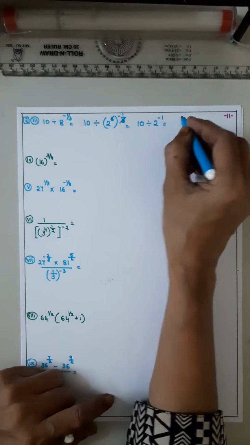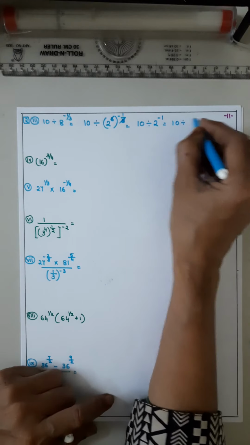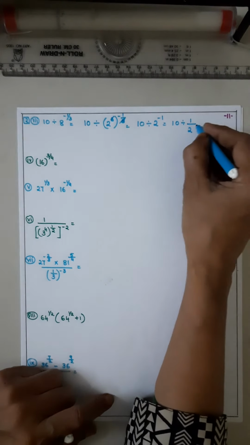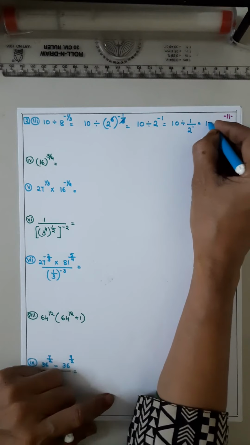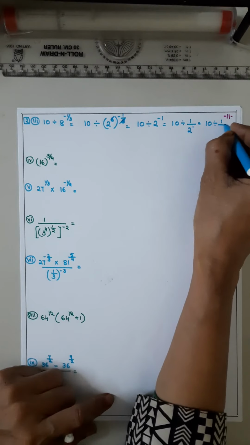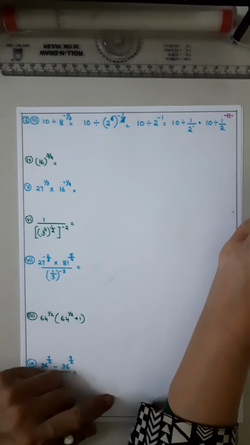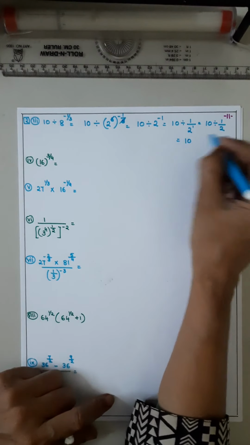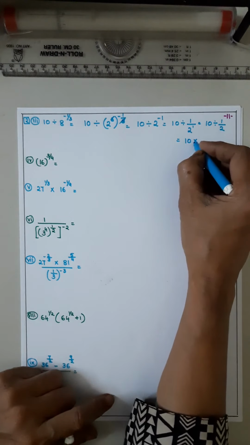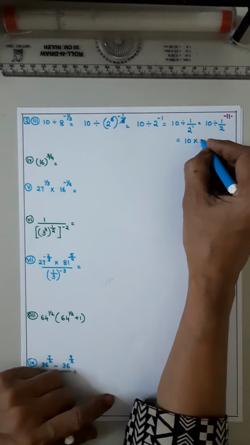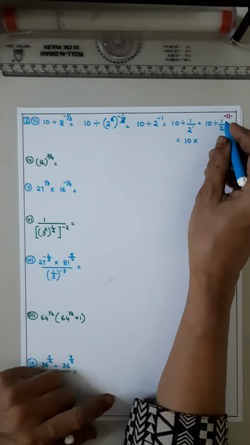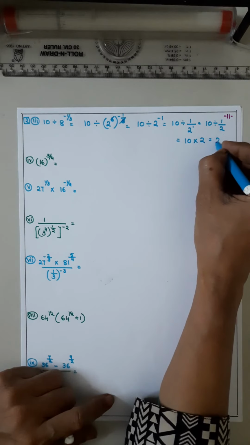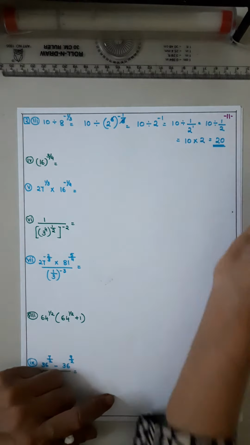That means 10 divided by 1 by 2 to the power 1. That means 10 divided by 1 by 2. Division means multiply by the reciprocal, isn't it? The reciprocal of half is 2. That is why 10 2s are 20.